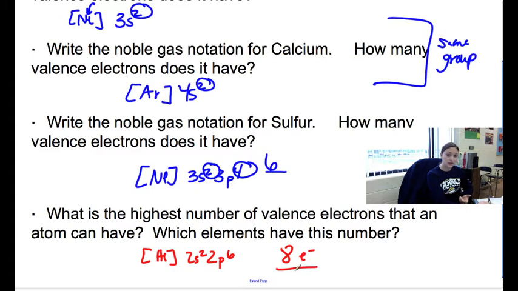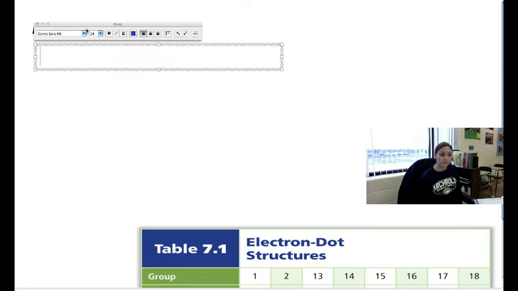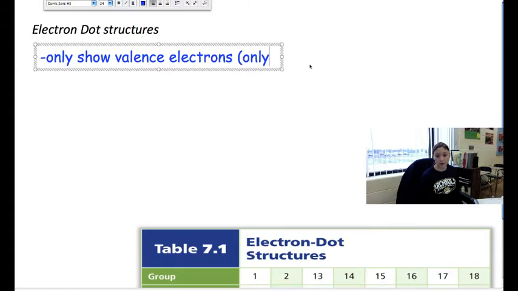So looking at all these valence electrons and their number of valence electrons, we then can start to write what are called electron dot structures. Because all I care about in bonding is the number of valence electrons, because those are the things that are involved in bonding. So electron dot structures only show valence electrons. These are the only ones involved in bonding.